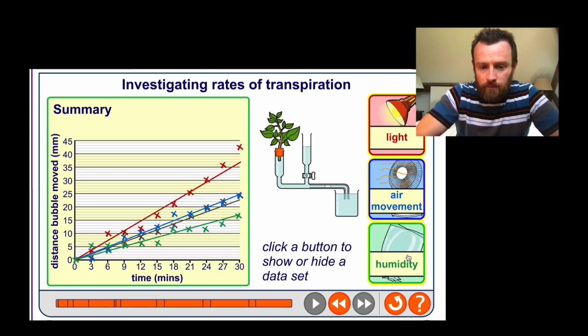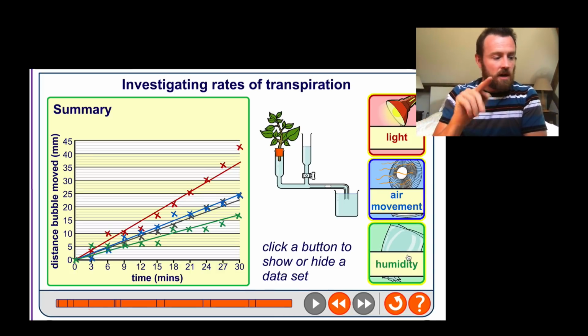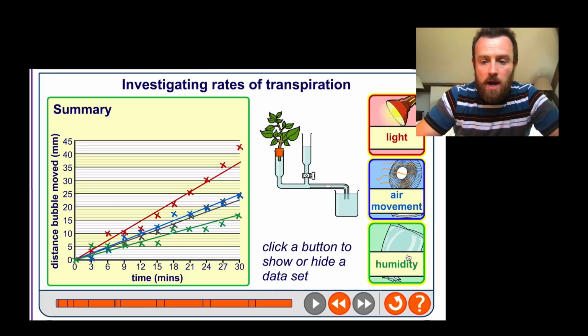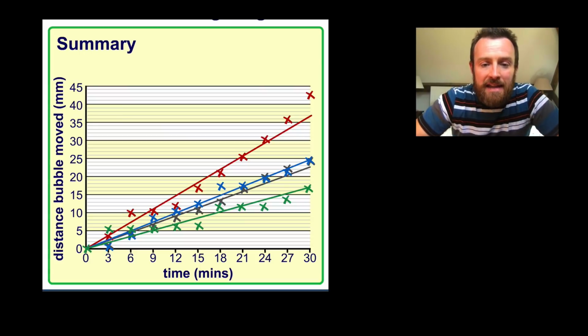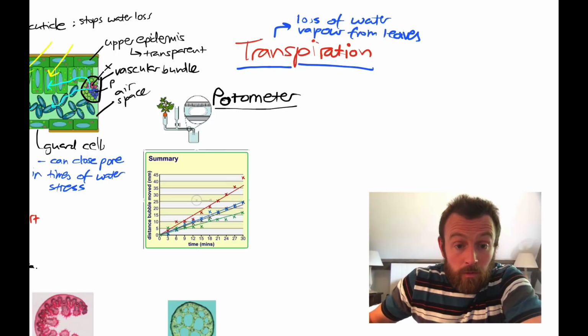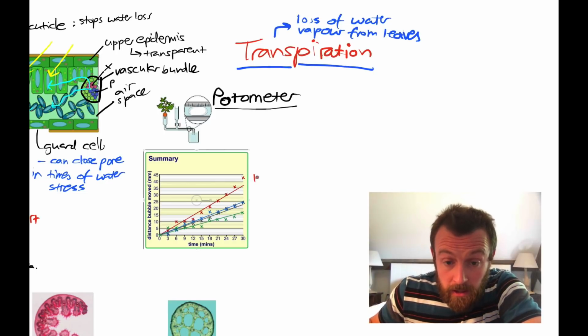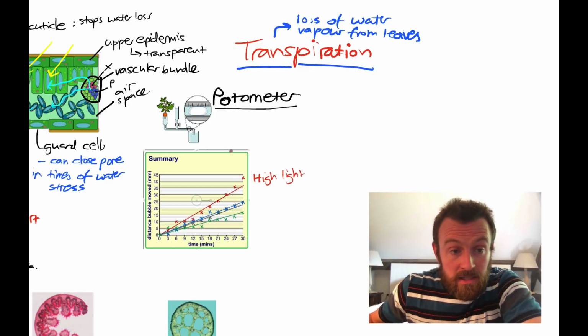Okay, so we can summarize that like this. Ta-da! Let's add this diagram to the mind map. Here it is. Just move it across, and now let's talk about a few of the key points from that potometer experiment that we need to remember. Red here was high light intensity.